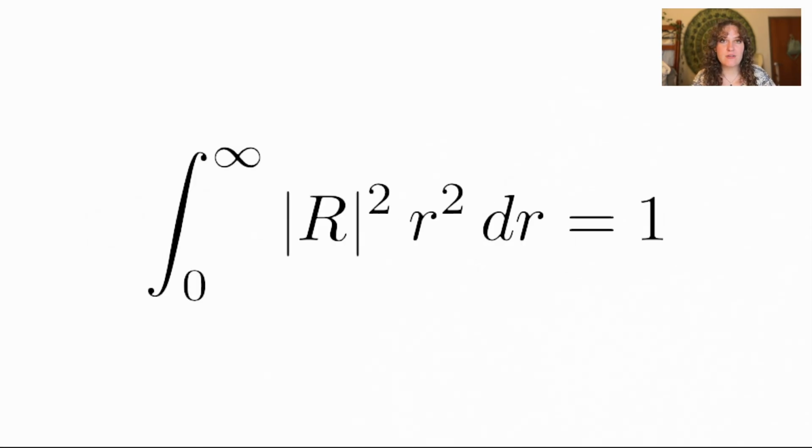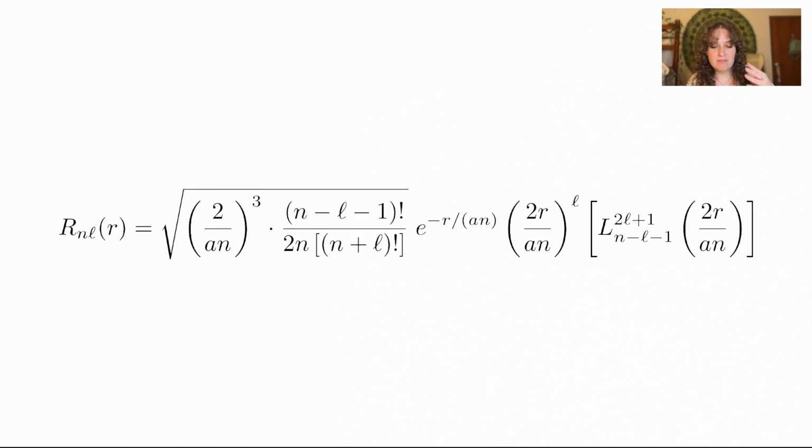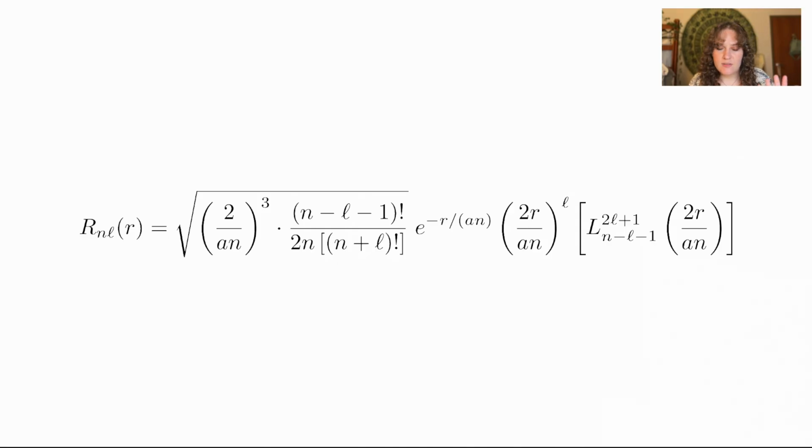What we need to do now is normalize. The wave function has to satisfy this integral. I'll spare the actual integral. It uses an orthogonality property of the Laguerre polynomials in a change of variables, and we end up with this normalization, where a is the Bohr radius, and we already normalized the angular part.